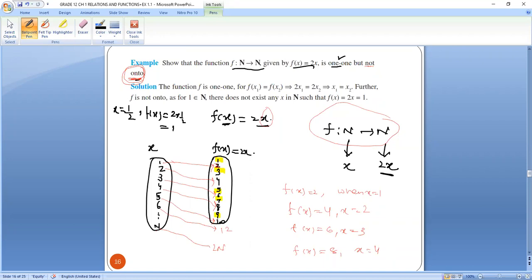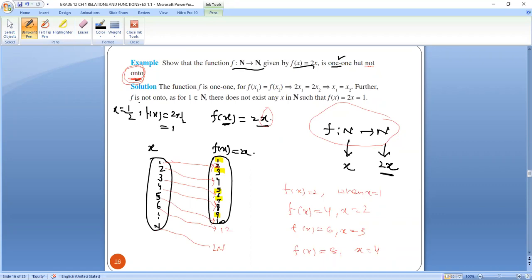Similarly, 3 will not have a pre-image, 5 will not have a pre-image. Therefore, this set is 1-1 but not onto, right? This way we will prove that this function is 1-1. You will write that every odd element in the set f of x does not have a pre-image. Therefore, this set is not onto.